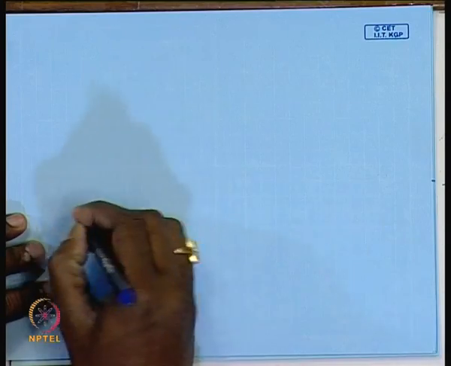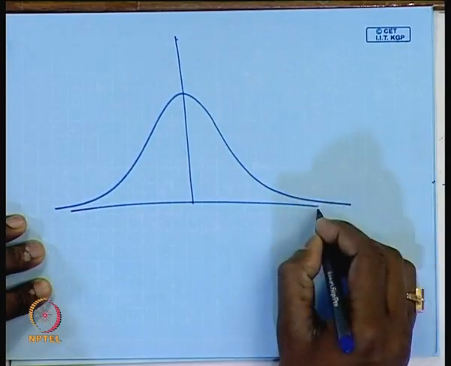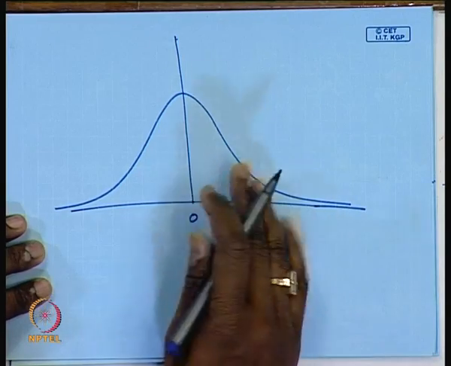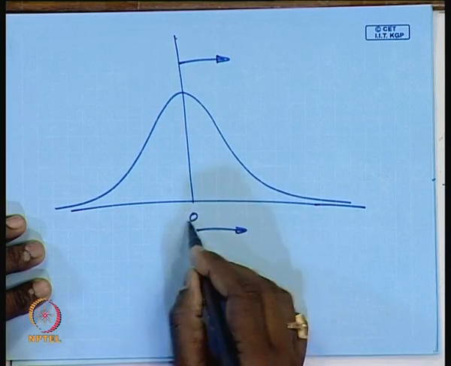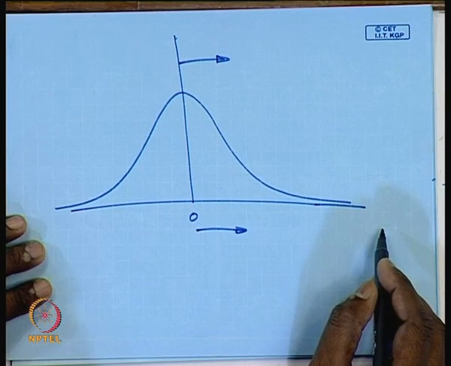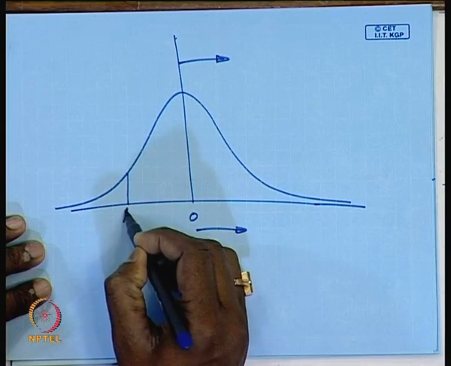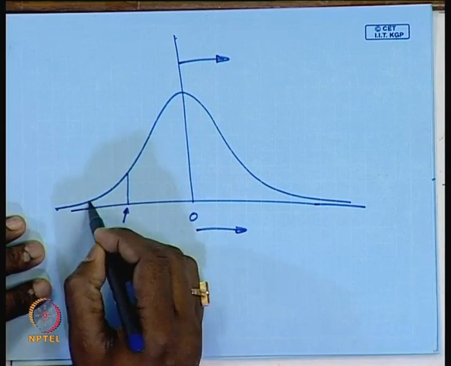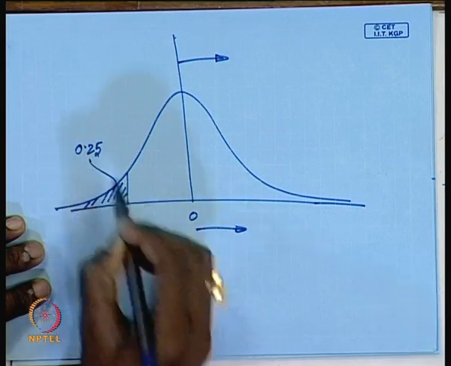This is the standard normal distribution, this is your 0, and what is available to us is only the positive side from 0 onwards. We are interested to know the value up to which the total area is equal to 0.225.